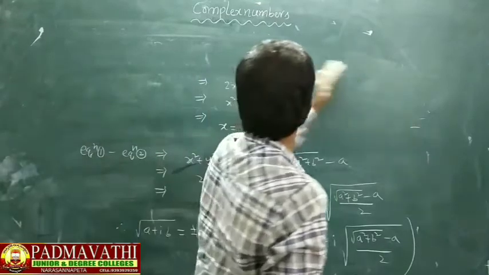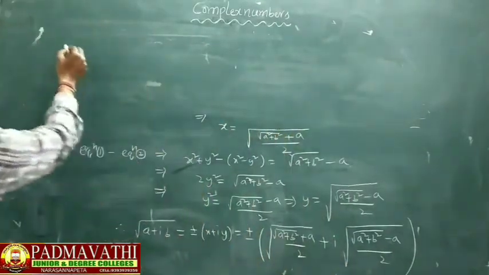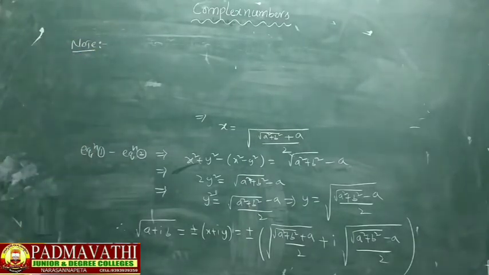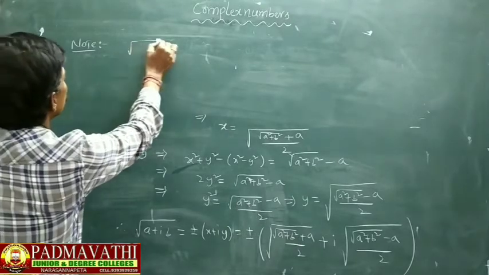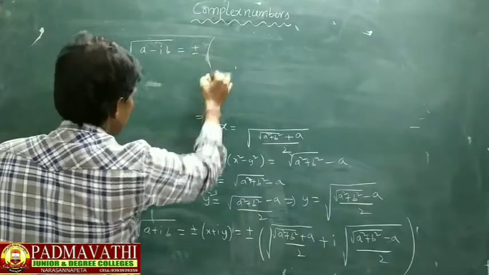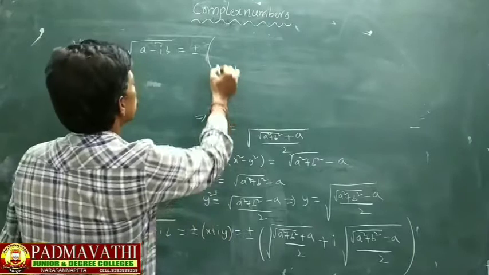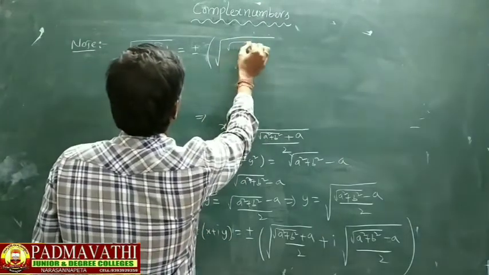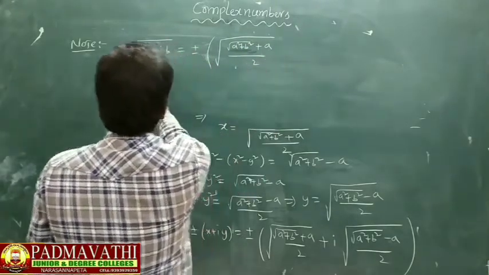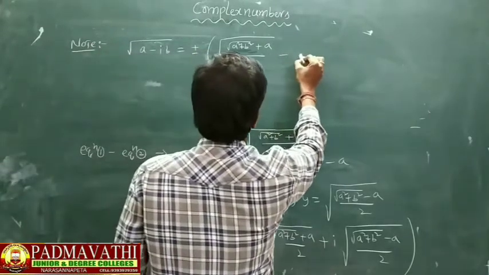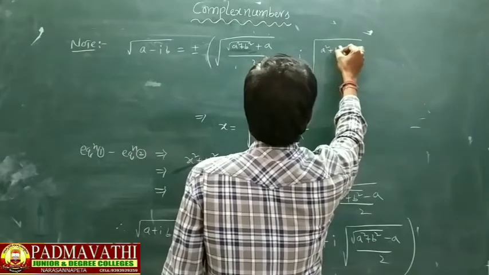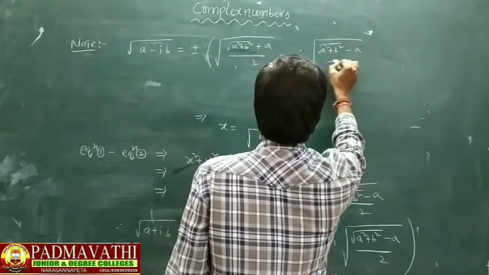Now note, the square root of the complex number a minus ib is equal to plus or minus [the square root of (root of a square plus b square plus a) whole by 2, minus i times the square root of (root of a square plus b square minus a) whole by 2].